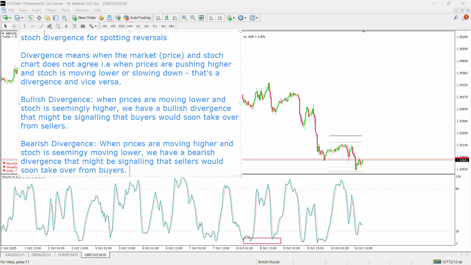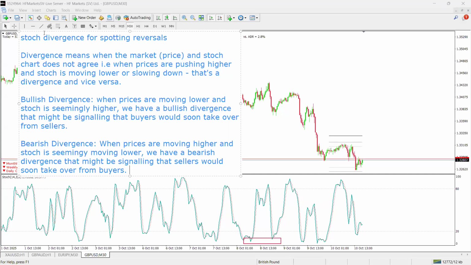If the market is rising consistently but you see the stochastic going down, it's clearly saying that the strength of that uptrend is weakening and there is a potential reversal. Or if you see prices consistently going down and the stochastic going up, it's also saying there is an issue with the strength of that downside, and there is a very strong potential of the market reversing that move as well.